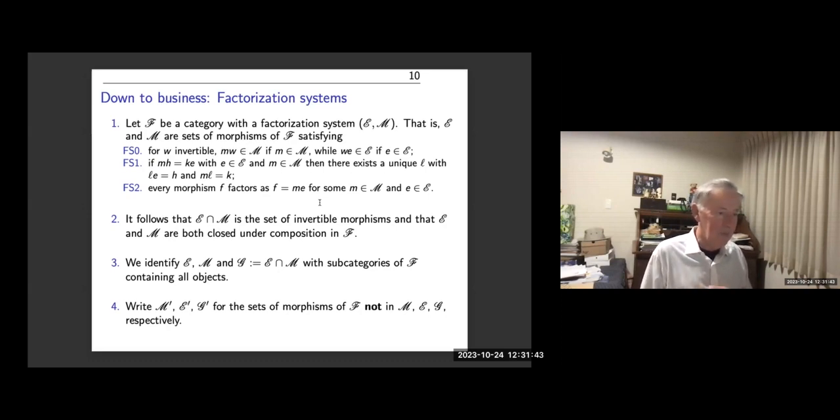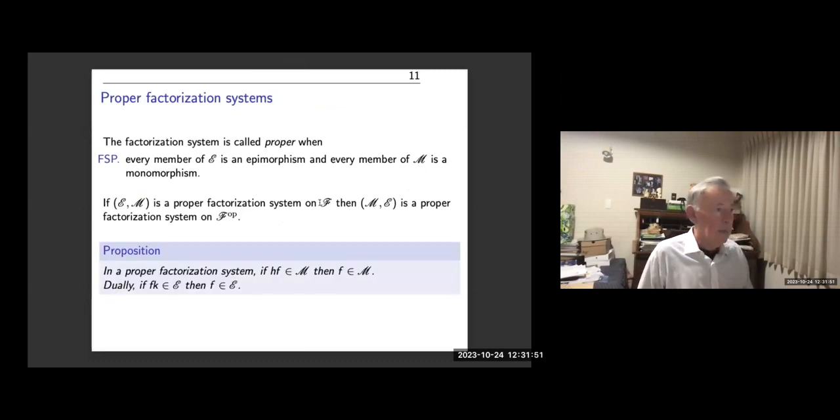And G prime is the set of morphisms that are not invertible. So we consider that. And we do want a proper factorization system. That means that everything in E is assumed to be an epi and every member of M a monomorphism.